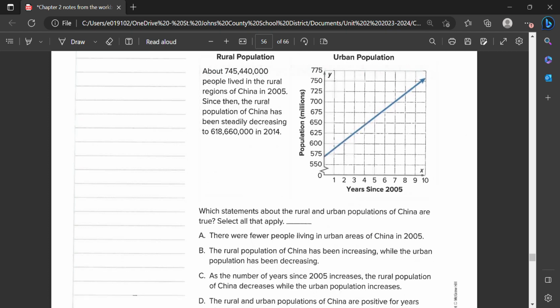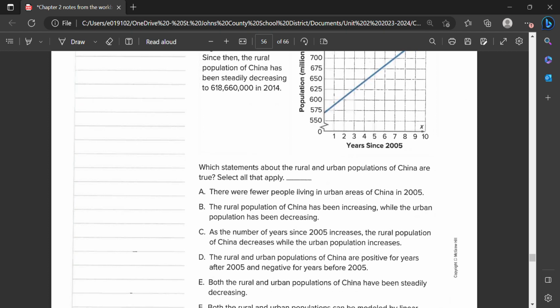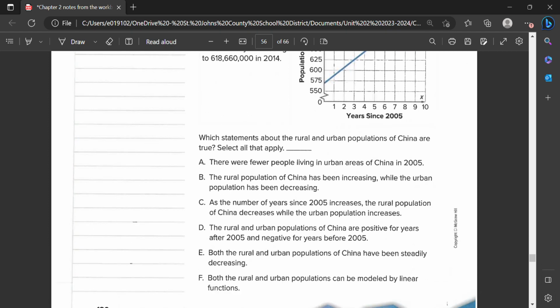The rural population of China has been increasing while the urban population has been decreasing. Okay. As the number of years since 2005 increases, the rural population of China decreases while the urban population increases.